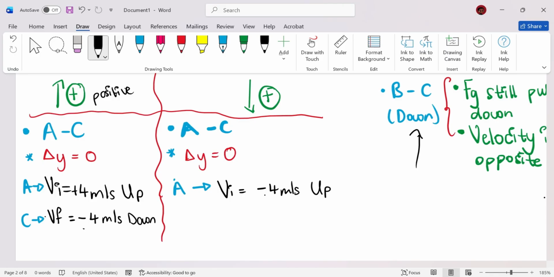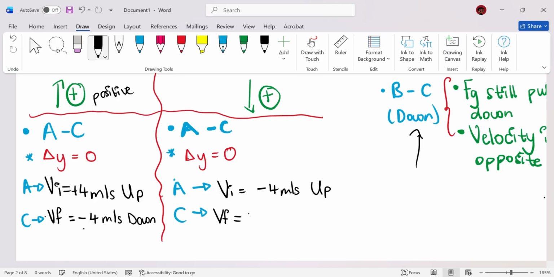Why is it negative? Because I chose down as positive. If down is positive, anything up is negative. And that goes for C as well. What did I say about the velocity at point C? I said that the velocity at point C is the same as that at point A, with a different sign in the different direction.